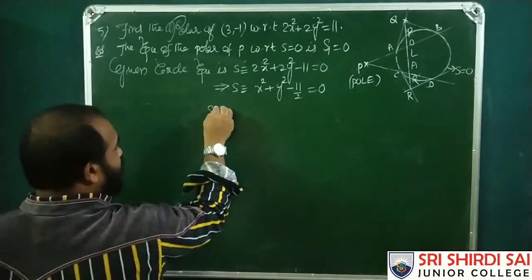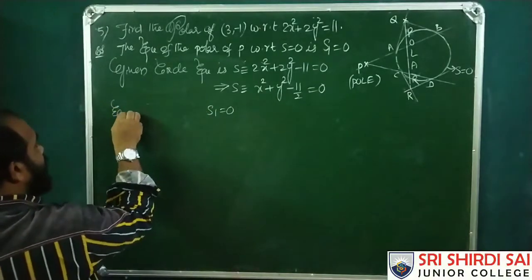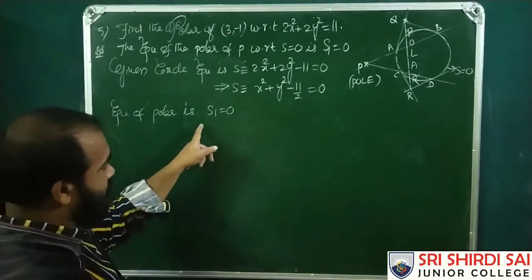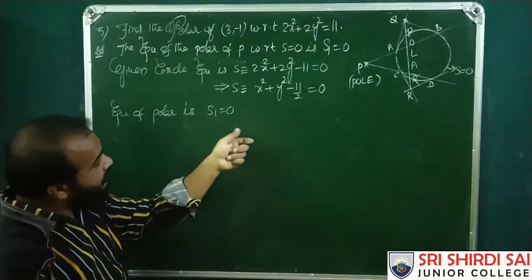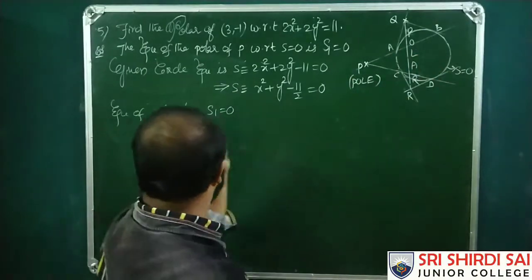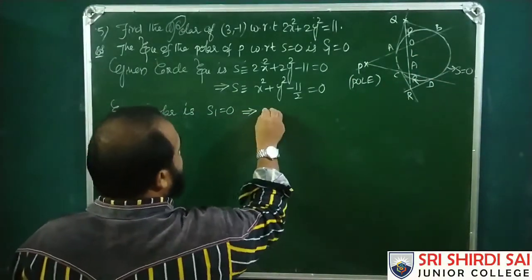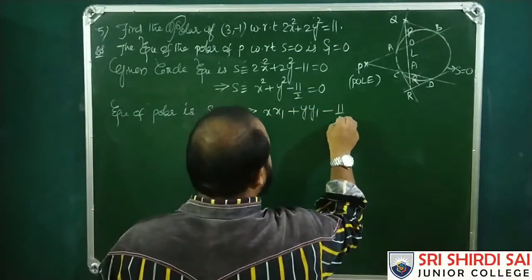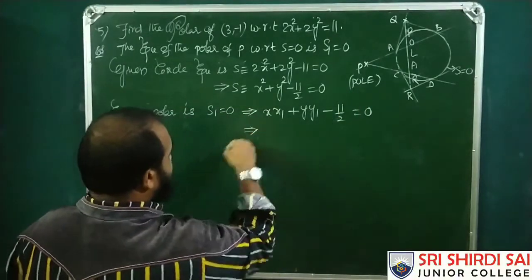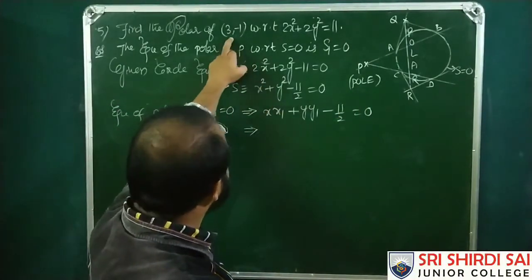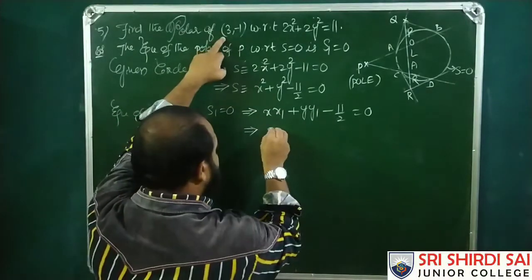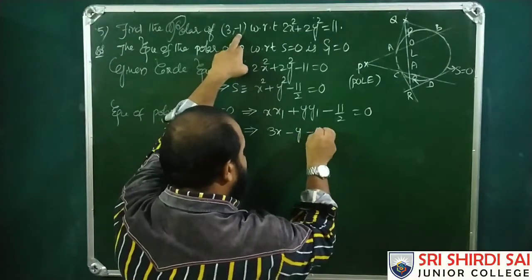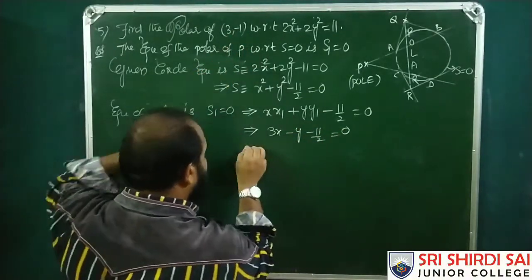So S1 equals 0 is the equation of the polar. The equation of the polar of P x1 y1 with respect to S equals 0 is S1 equals 0, which implies x x1 plus y y1 minus 11 by 2 equals 0. x1 is 3, so 3x, y into minus 1, minus y, minus 11 by 2 equals 0.